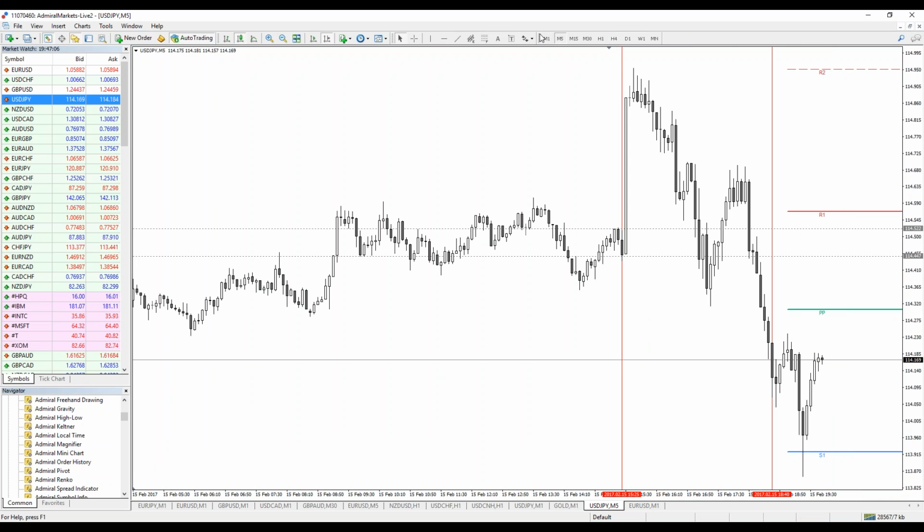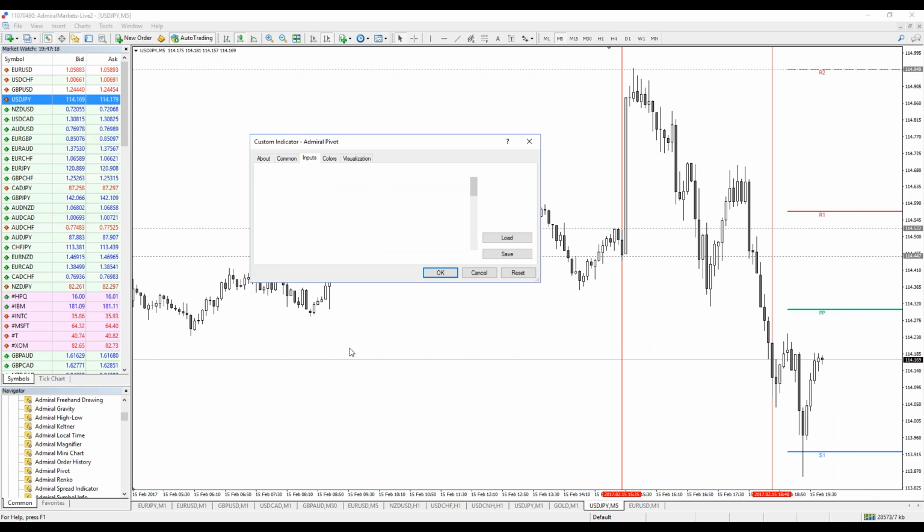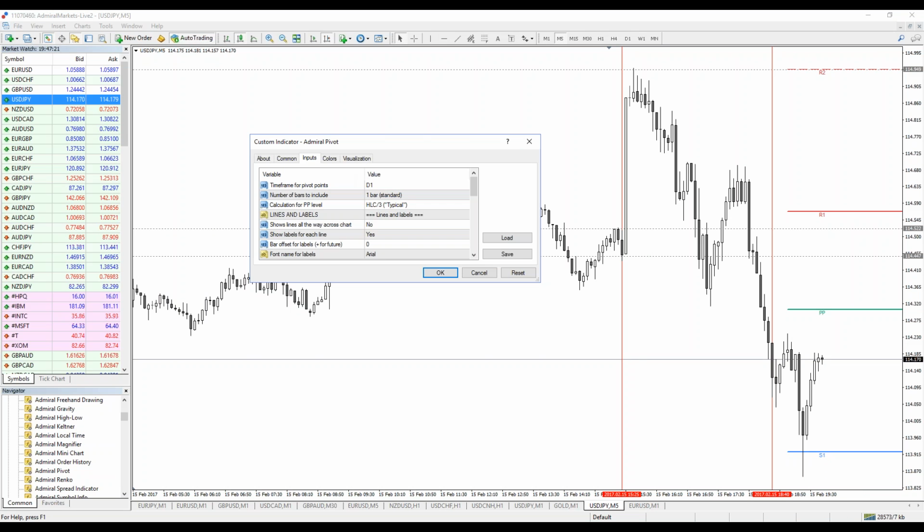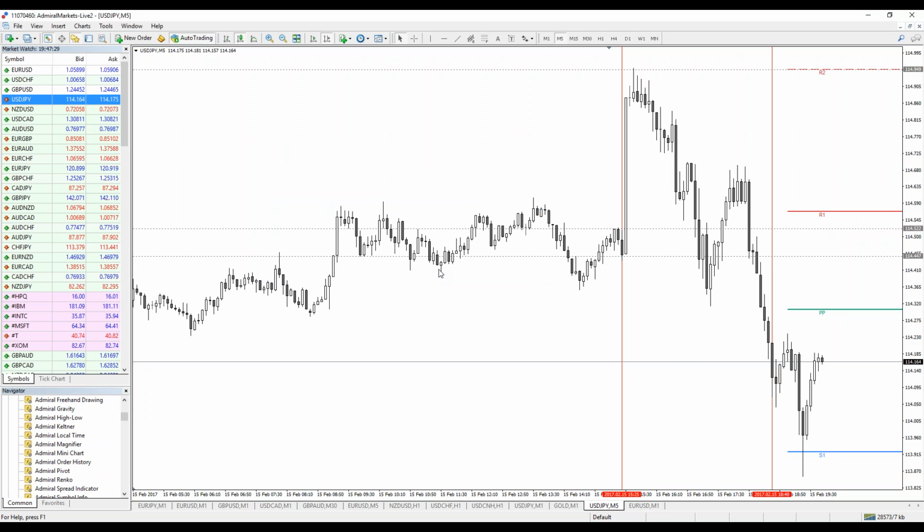And this was R2. Because these are hourly pivot points, you need to have MT4 Supreme Edition. Here you have hourly pivot points, Admiral Pivot, drop it to the chart. When this shows up, you just press H1 for the time frame for pivot points. Like this. Okay, you have hourly pivot points. They will change each hour, okay?